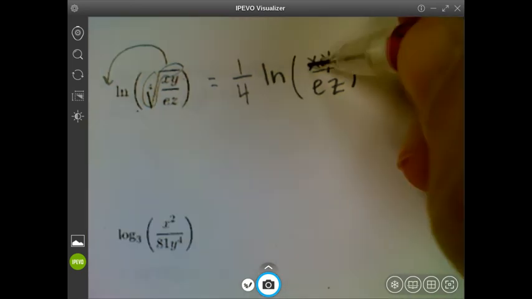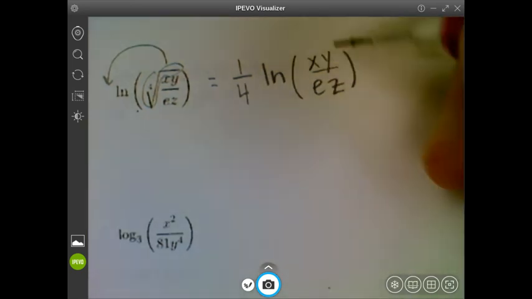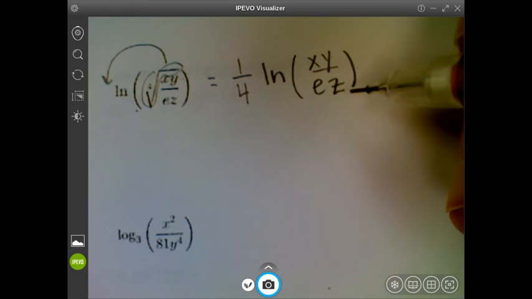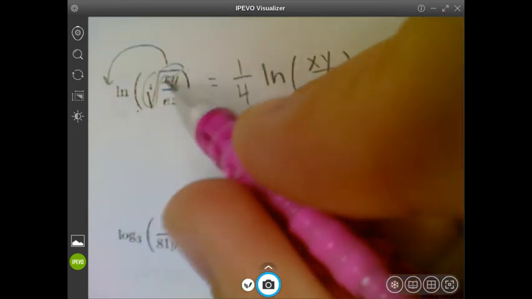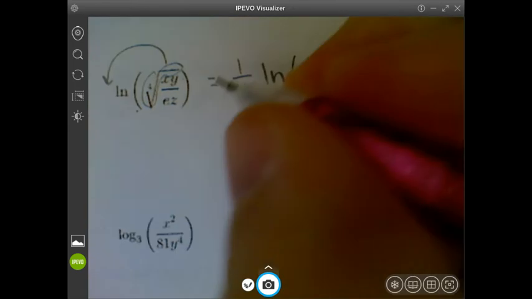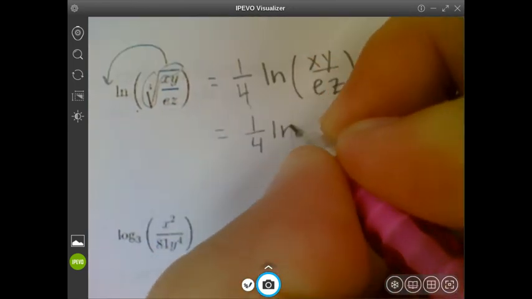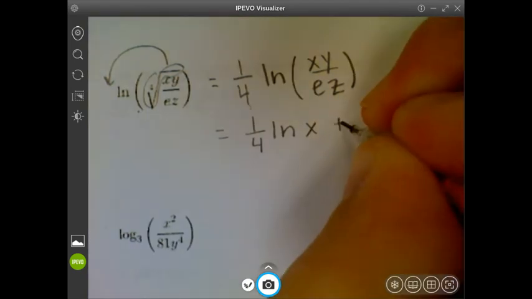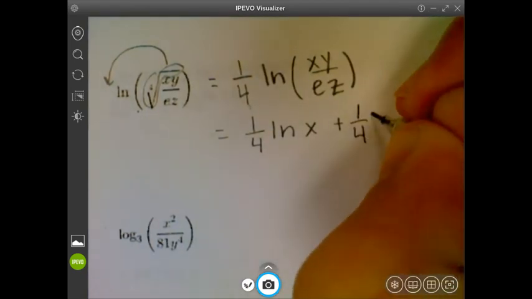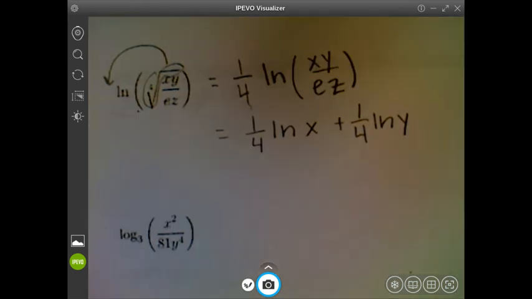From there, you can go ahead and start expanding these out. Remember, if it's in the numerator, it'll have a plus. If it's in the denominator, it will have a minus. And they will all have a 1/4 in front of them because of them all being underneath the fourth root. So we can say 1/4 ln of x, and that's a positive term because it's in the numerator, plus 1/4 ln of y, also a positive term because it's in the numerator.